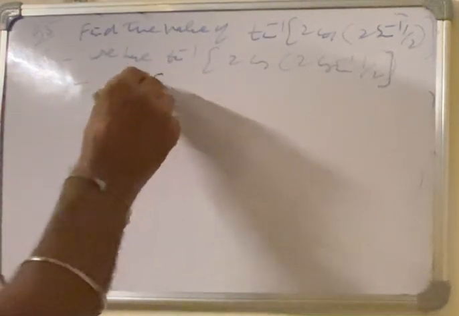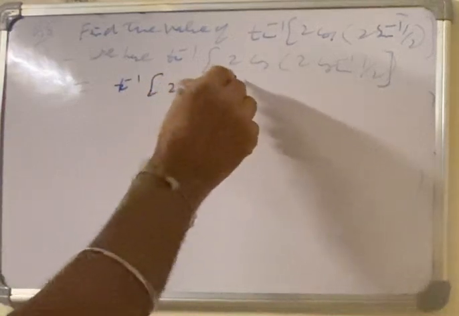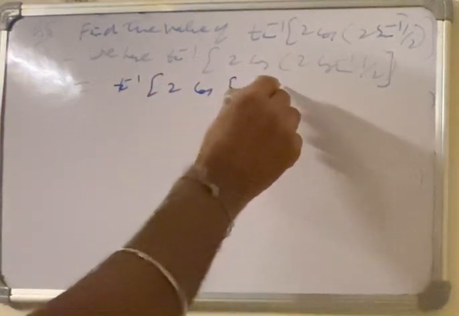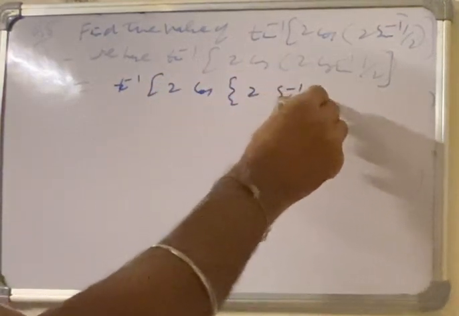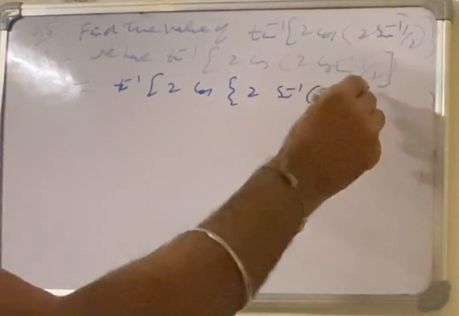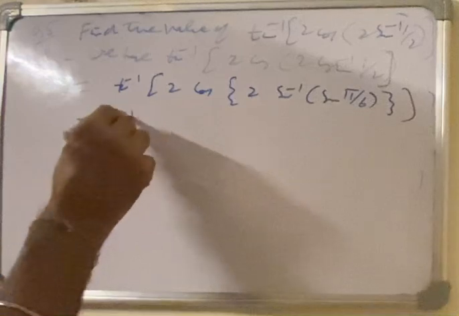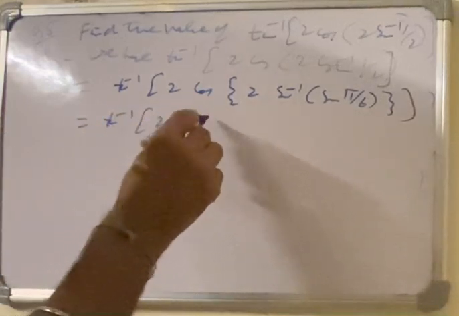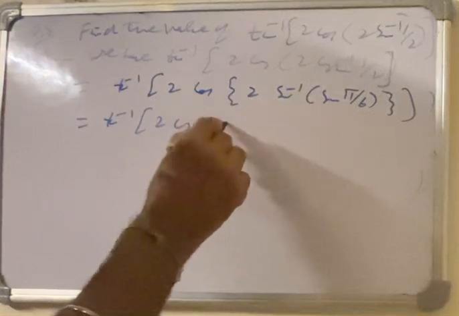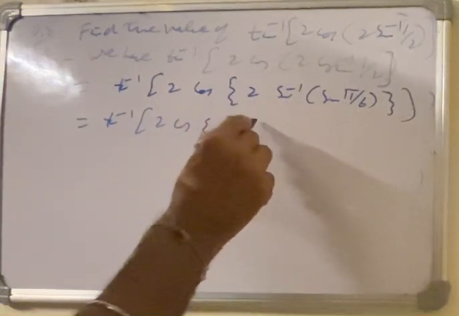So tan inverse 2 cos of 2 sin inverse of sin pi by 6 is equal to tan inverse 2 cos of 2 into pi by 6.